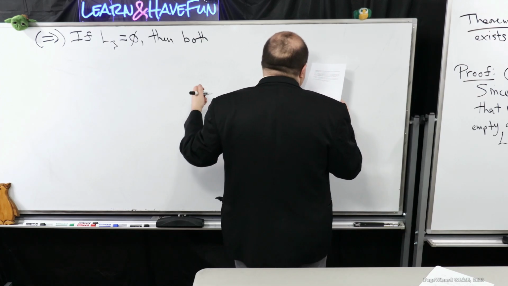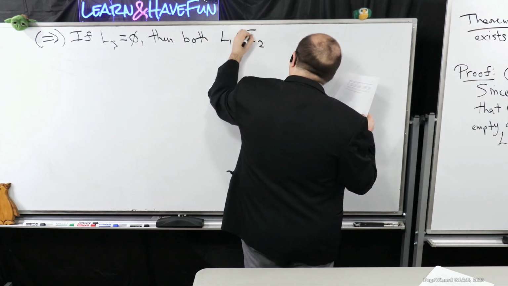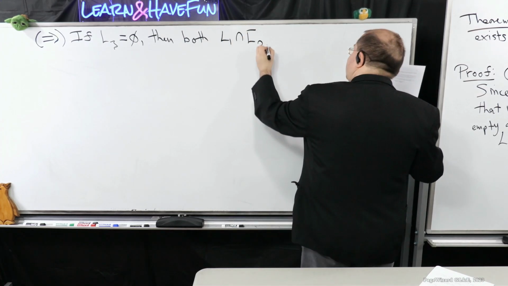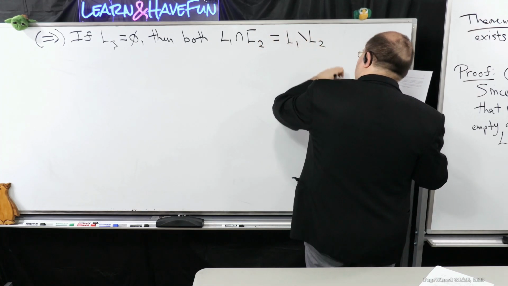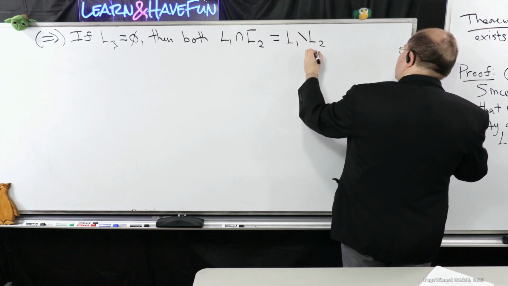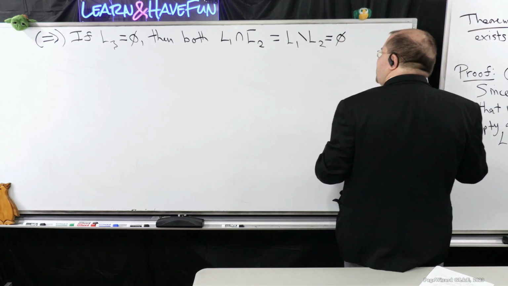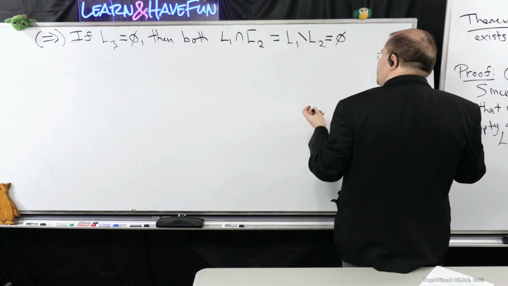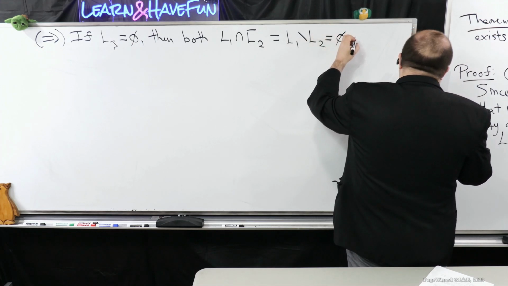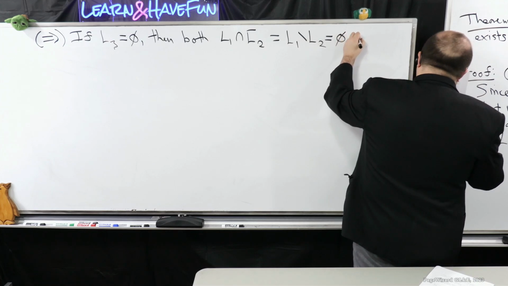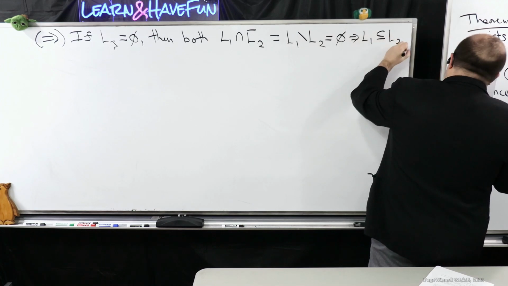That means L1 intersect L2 complement, which is actually just set difference, has to be equal to the empty set. But what does that mean? Well, this is another way of saying that L1 is a subset of L2.